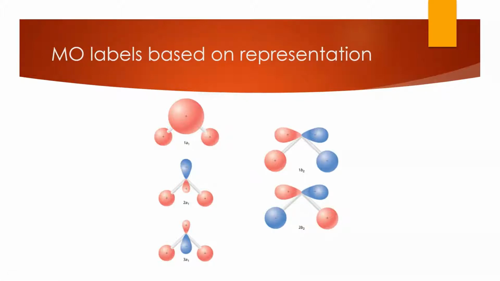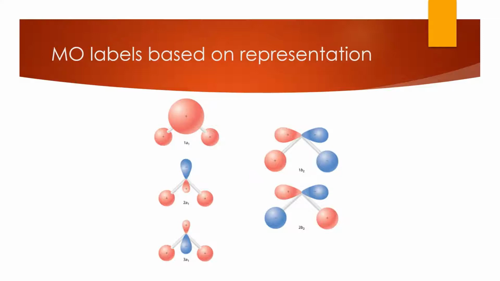Now, we said that the B1 and B2 representations should change sign. Here we have B2 representations, and we can see that these would, in fact, change sign upon a twofold rotation around this principal rotation axis. So we can go through and assign this to various groups. In this kind of picture, we only have A1s and B2s, but if you look at A2 and B1 representations, we'll do this in class, and we'll see that they follow this character table here.